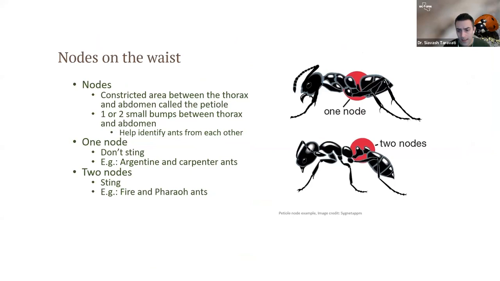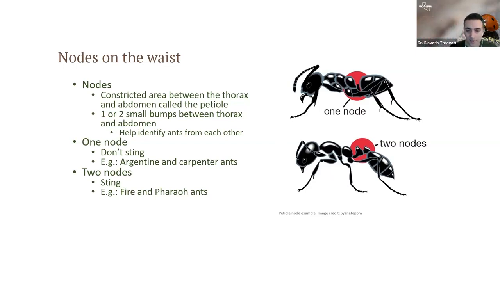So I mentioned the waist and having one node or two nodes. This is a very good way of classifying ants. Sometimes, like in the top picture, you only see one node, but sometimes the node is hidden under the abdomen, because the abdomen is folding forward and covers the node.